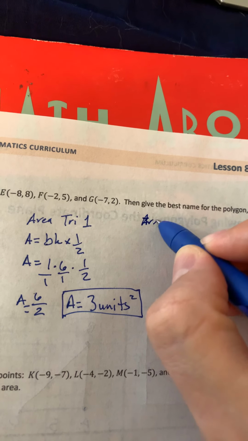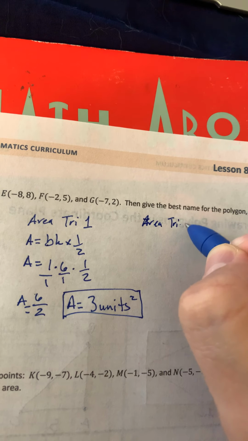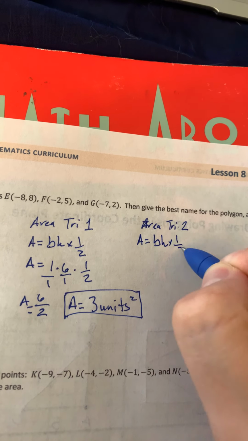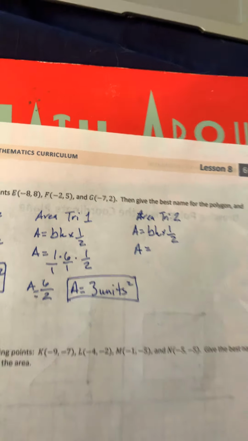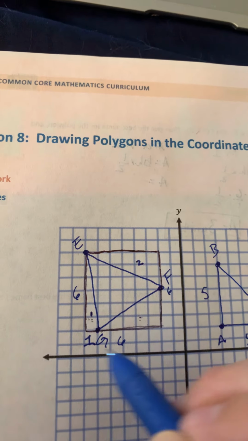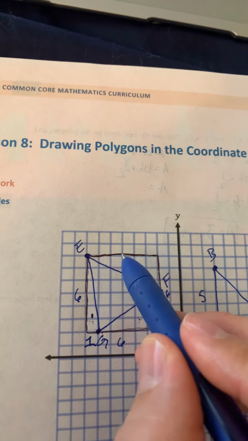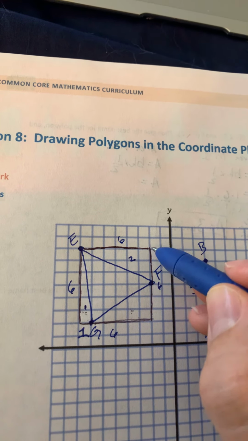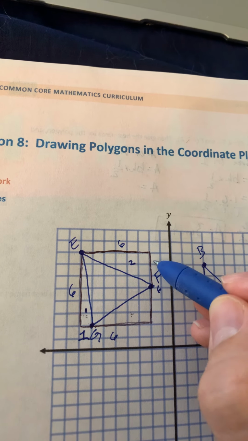Area of triangle 2: area equals base times height times 1/2. So I'm going to find the base. Remember, all sides of this square are 6. So this base is 1, 2, 3, 4, 5, 6. The base is 6. And the height is from this point to here: 1, 2, 3.